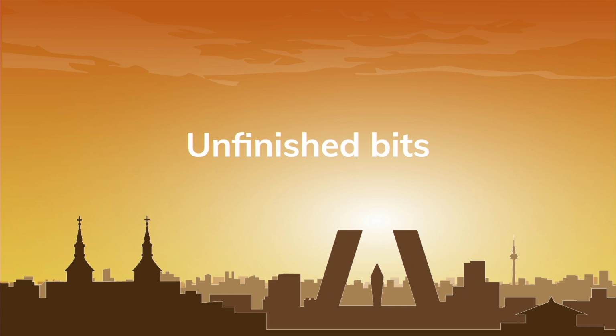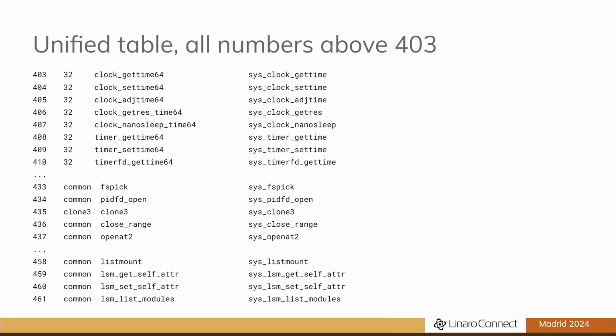Then there are kind of bits that I'm still working on. So these are not working yet. I want to have one table for all the system calls above 403. So right now, current state is you have those 25 files for the 21 architectures. Every time somebody adds a system call, you have to edit all 25 files.